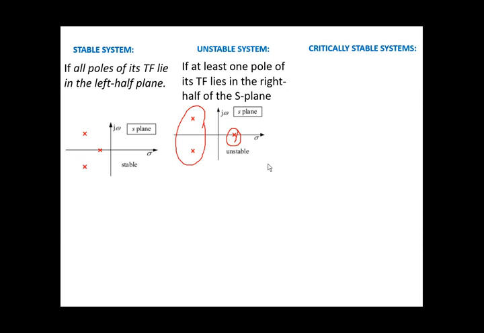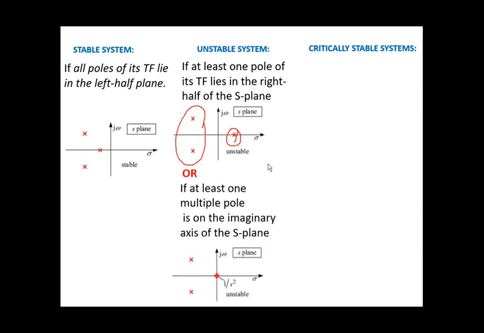So this is called an unstable system. And also for an unstable system, multiple repeated roots are present on the imaginary axis. So at least one pair of repeated poles should be present on the imaginary axis. Then also we can say that the system is unstable.